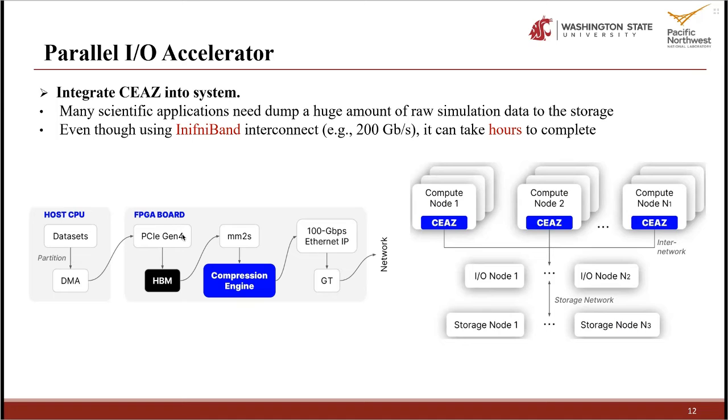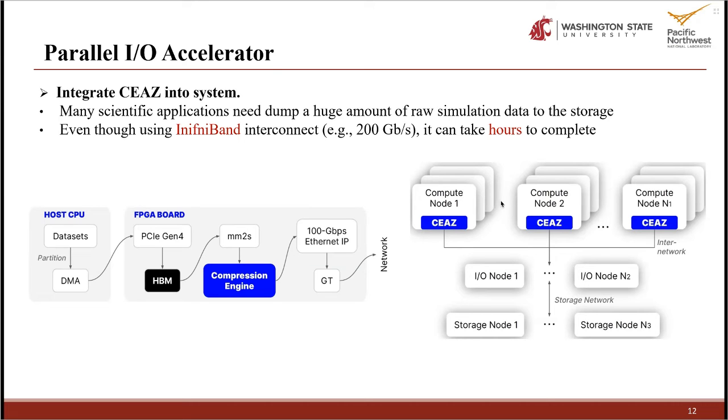The raw data is buffered in high bandwidth memory with 460 GB per second bandwidth, and converted into streaming data by the memory-to-stream unit. The compression engine will compress the streaming data in real time and output the compressed data.